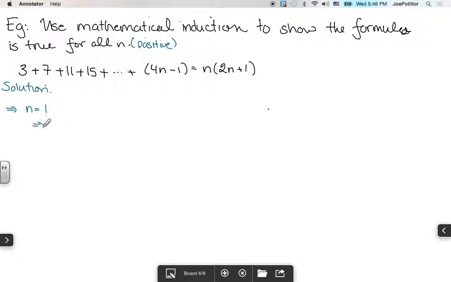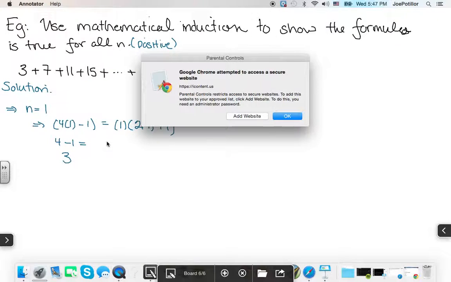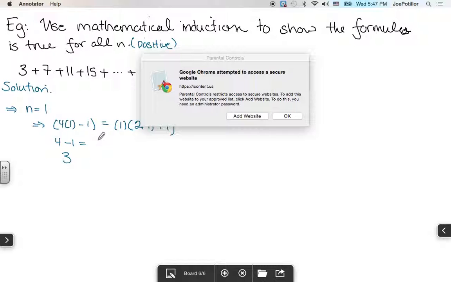So easy enough. If we take 4 times 1 minus 1 equals 1 times 2 times 1 plus 1. 4 minus 1 is equal to 3. And then this ends up being 1 times 2 plus 1, which is 1 times 3.